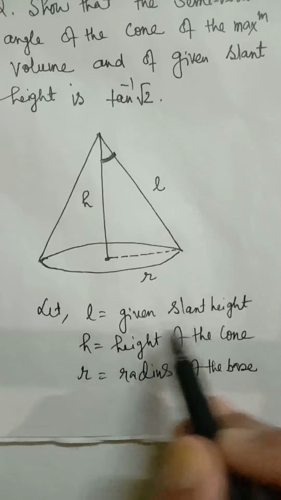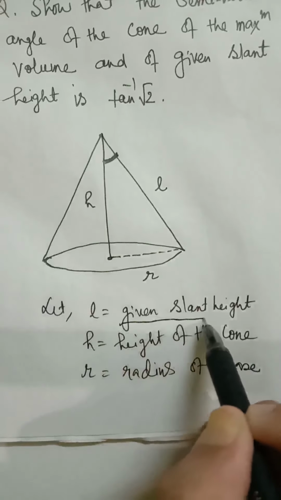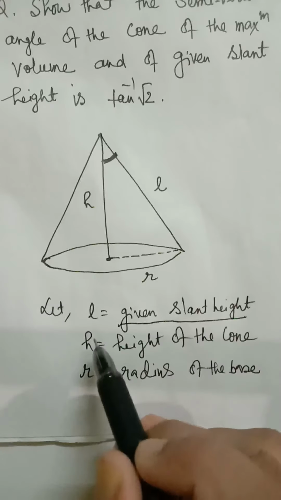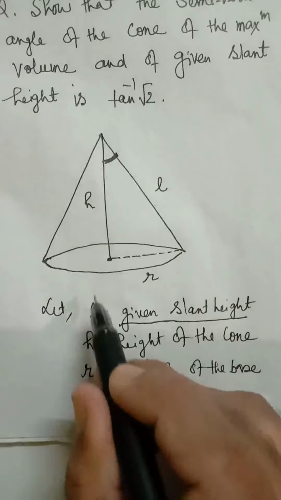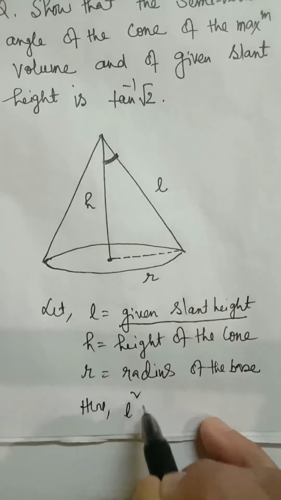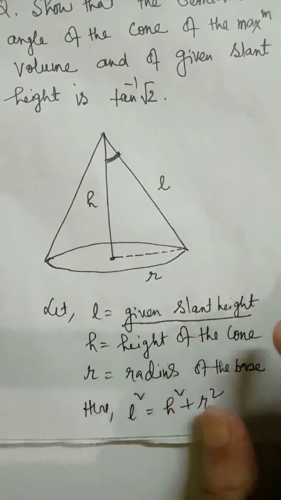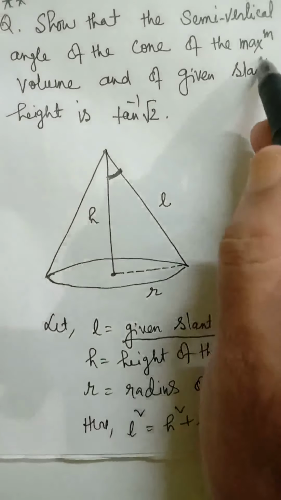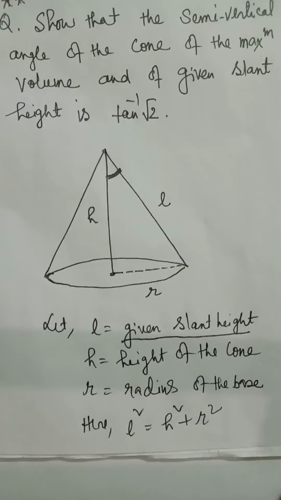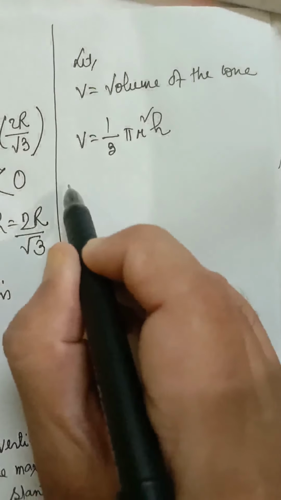L is the given slant height means the thing which is given, we have to consider as constant. So L is constant, but h and r we have assumed, therefore h and r are variable. What is the relation between these three? Here L square is equal to h square plus r square. Next, what we have to show? The volume of the cone is maximum. Let us write the formula for the volume of the cone. Volume of the cone is 1 by 3 pi r square h.